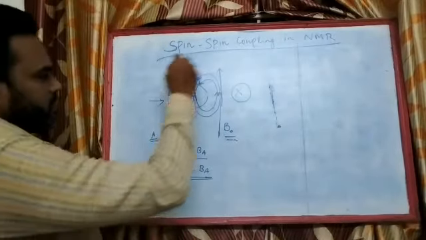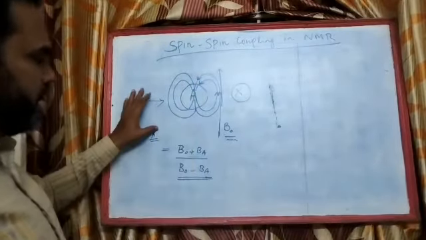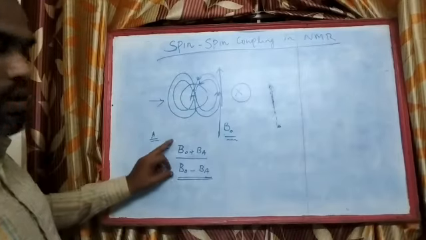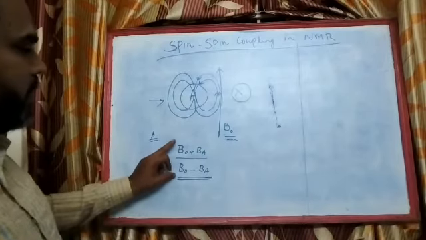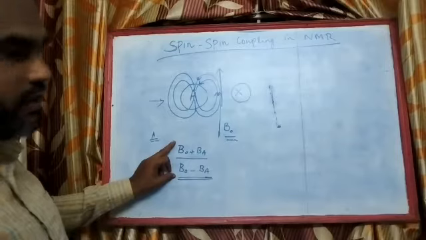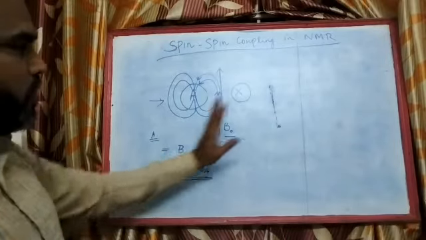So this nuclei will exhibit two different magnetic field strengths.